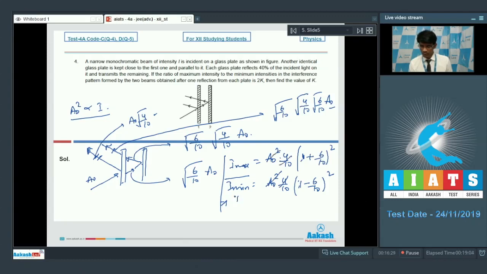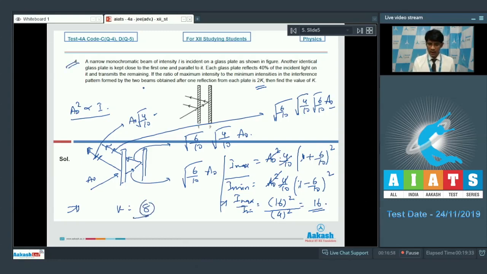These two will cancel out, and I'm having this ratio as 10 plus 6, 16 whole square, and this is 10 minus 6, it is 4 whole square. So it's coming out to be 16. Fine. This particular answer has been given as 2K. Just see here. So definitely I would say the value of K to be how much? 8. So for question number 4, I'm having 8 as the answer.